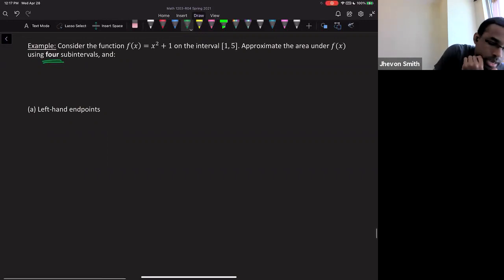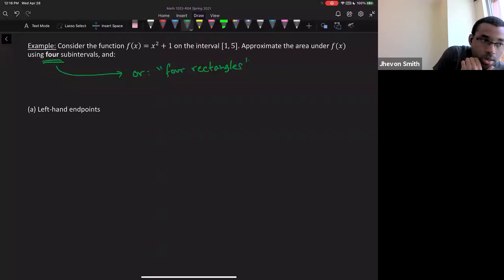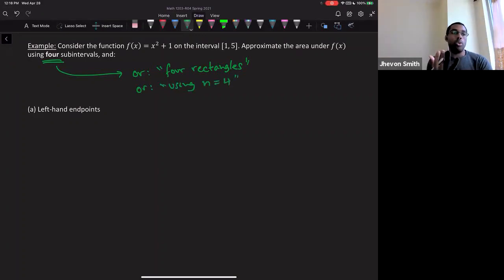I could also say 4 rectangles. Or I could say using n equals 4, which by our notation means that we want to set up n rectangles.